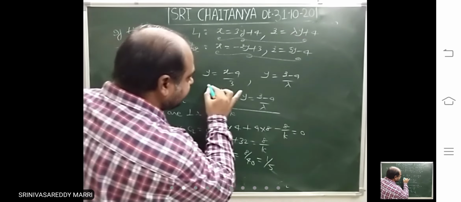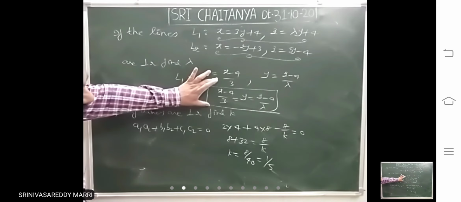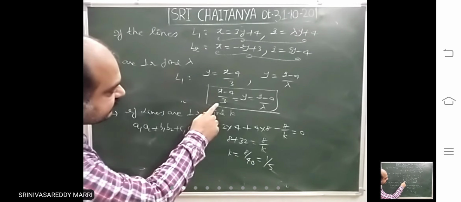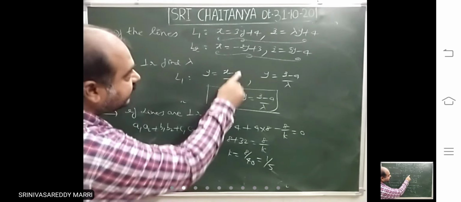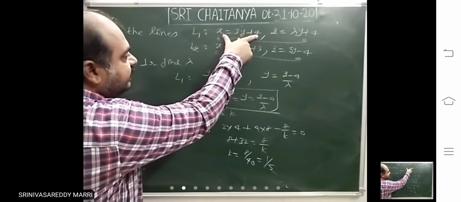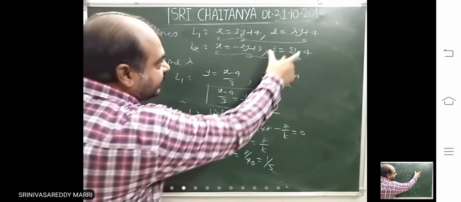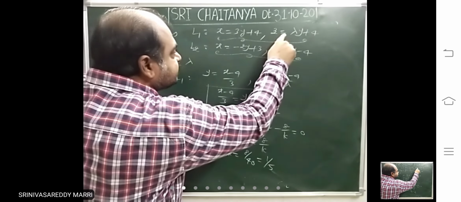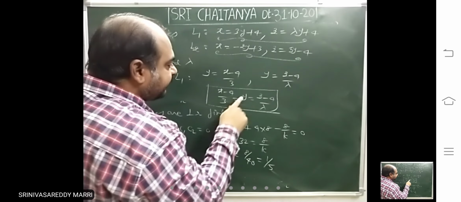This is the standard form. Actually, the line is this. He has equated these two, and then one equation he got that he has given. When the equations are given like this, they represent the line.